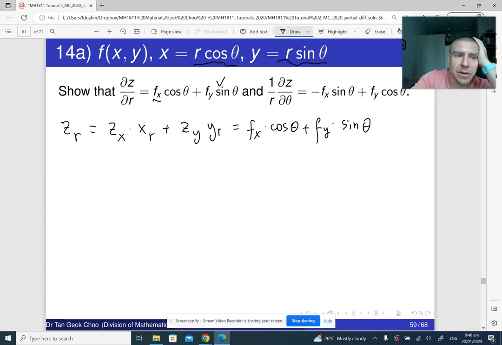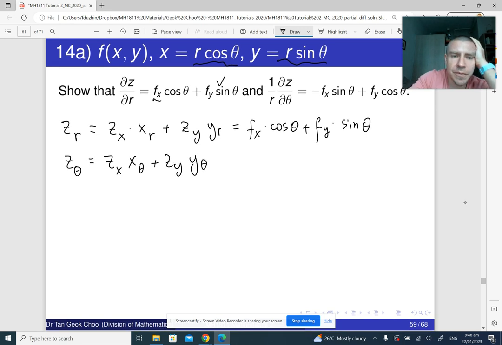The second one, the derivative of z with respect to theta is basically, again, zx times x theta plus zy times y theta.